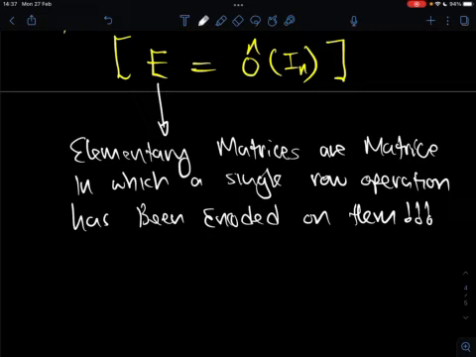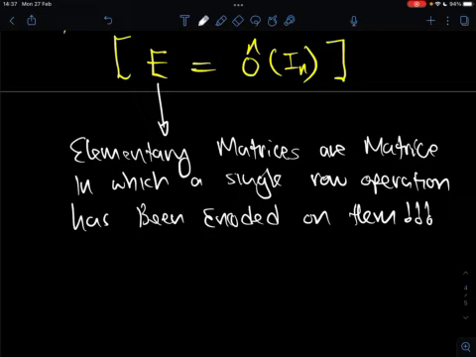You can simply encode whatever you want to do to a particular matrix onto an identity matrix, and then use the elementary matrix that you have obtained from that identity matrix to actually perform the operation.